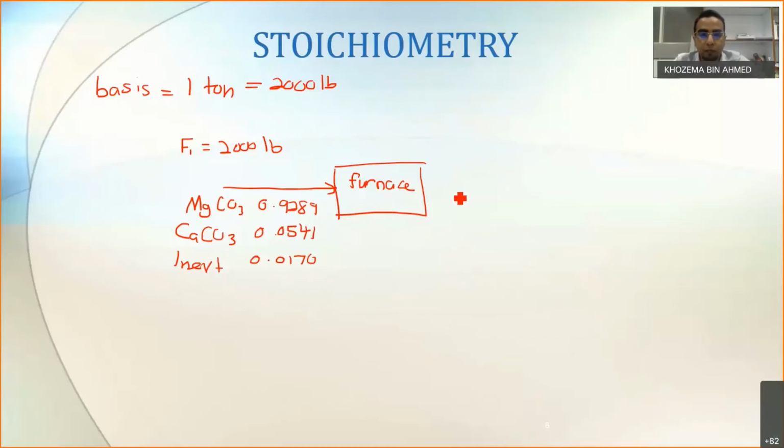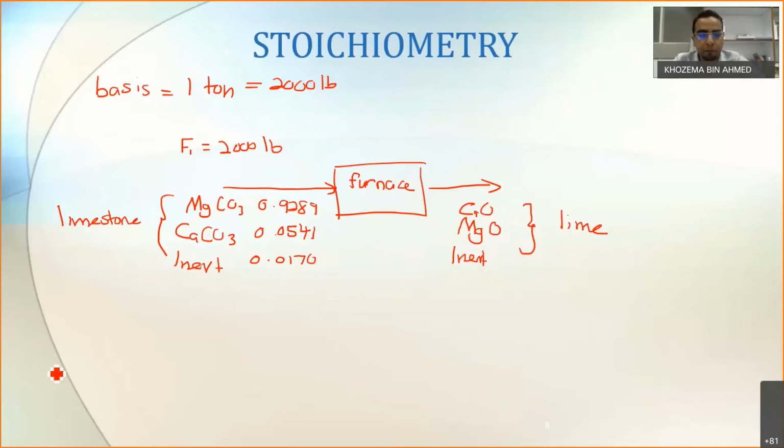And then we know that all of this is our limestone, and we are getting our lime, where the composition of lime will be calcium oxide, magnesium oxide, and the inert. So this is your lime composition.